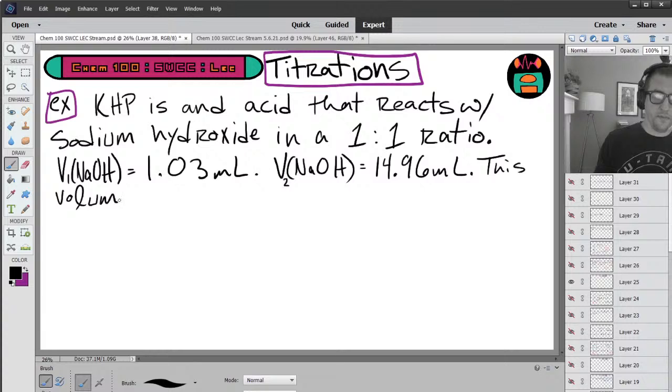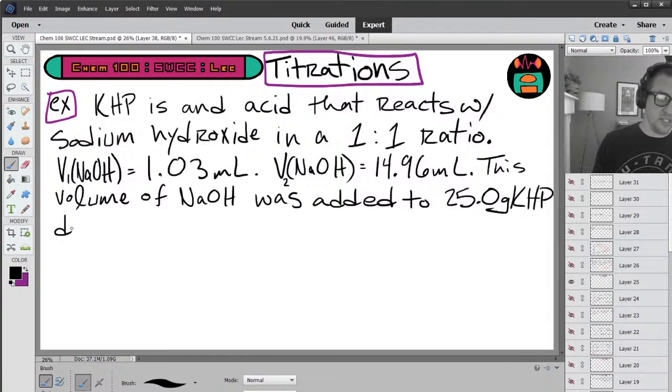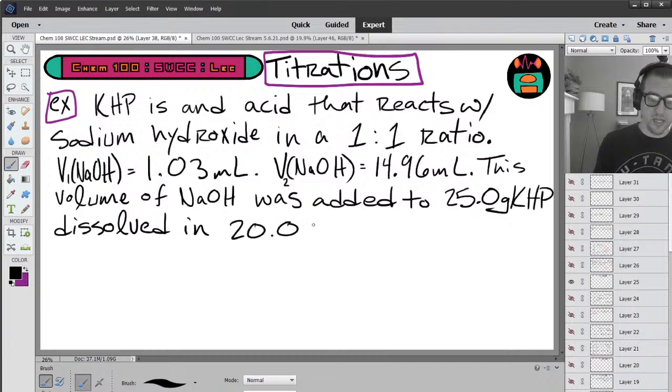This volume of sodium hydroxide was added to 25.0 grams of KHP dissolved in 20 milliliters of DI water.